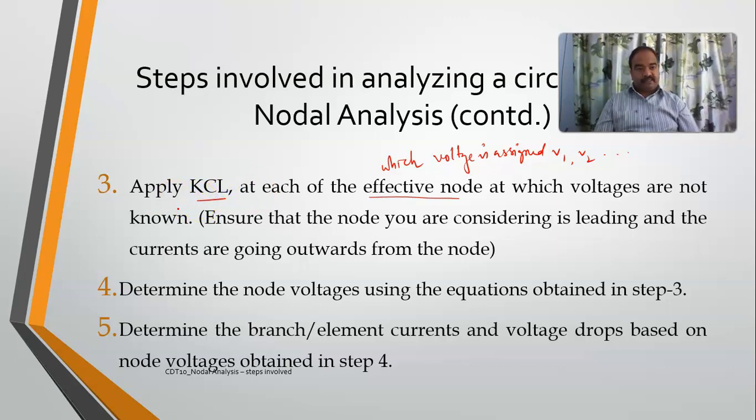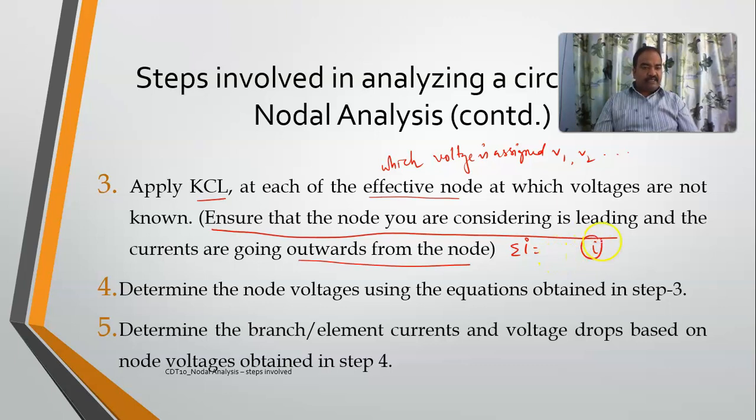When applying KCL at a node in nodal analysis, you should ensure, and this is the most important thing, that all the currents are going outwards from the node. So you assume that all the currents are leaving that node, and the algebraic sum of those leaving currents is 0.